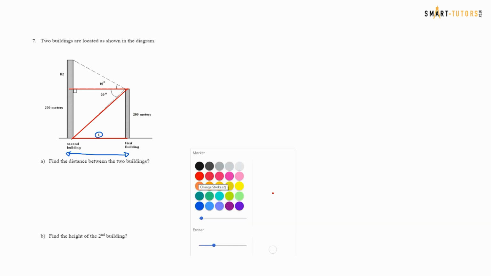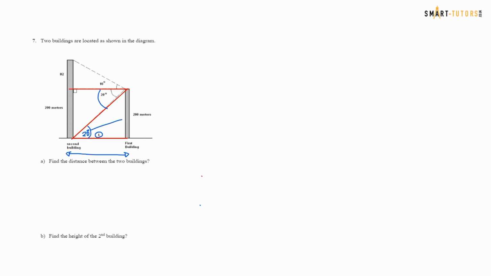So alternate angles are equal. So this is 20, which means this also is 20 degrees. The opposite, this is O, and this one is adjacent, this is A.